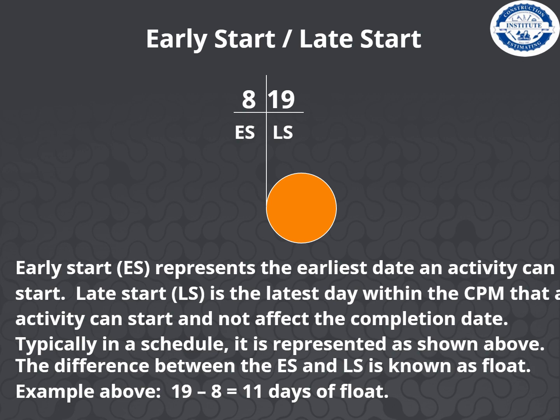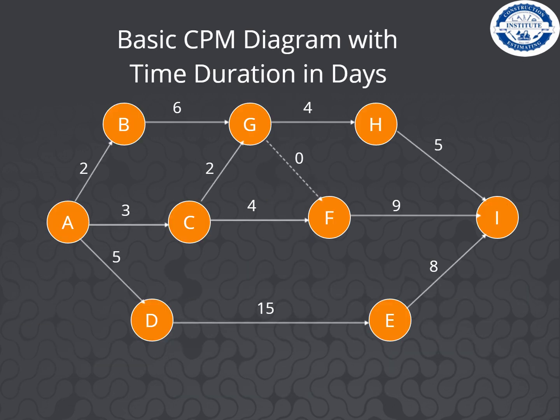From the example above, 19 days for the late start date minus the 8 days for the early start date gives us a difference of 11 days, which is called the float time. Here's an example of a basic CPM diagram with the time duration in days. Notice on each arrow there is a number representing the number of days allotted for that particular activity.